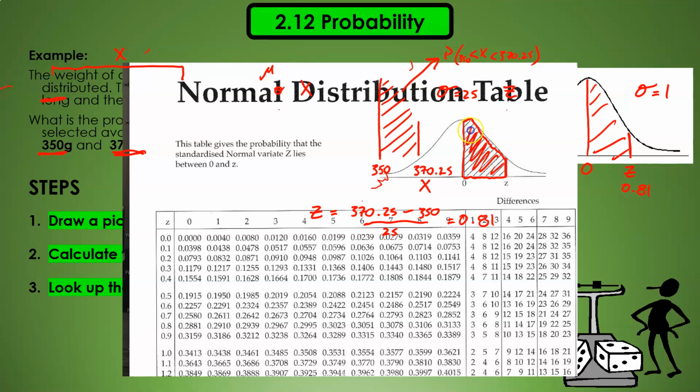So this area here. The reason there are no negative values is that, because of the symmetry of the normal distribution, the value is exactly the same. In other words, the value we get for 0.81 will be the same as for minus 0.81.